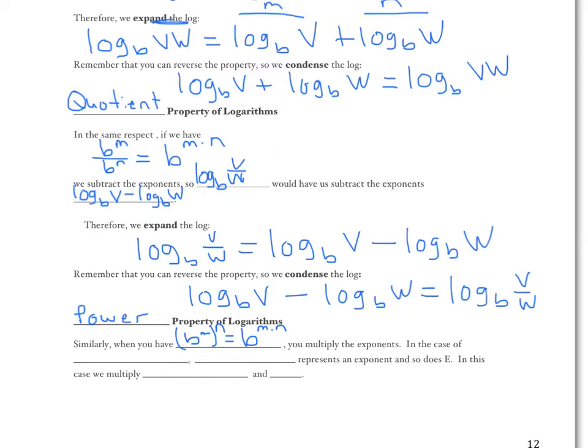In the case of log base b of v to the e power, log base b of v represents an exponent, and so does e, so they are a power to a power. In this case, we multiply log base b of v and e.